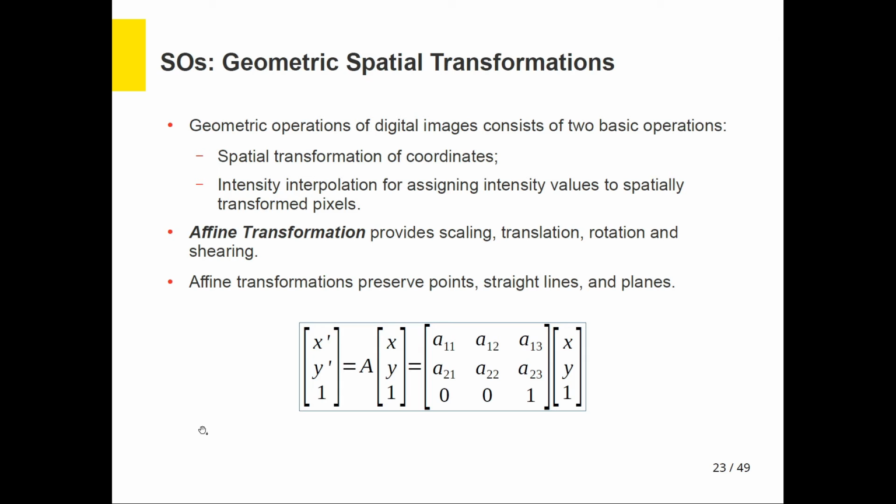The general formulation of affine transformation to create a new set of spatial coordinates is like this. We have x prime, y prime, which are the new coordinates. We have x and y, which are the current coordinates, and we have this transformation matrix A, which is defined in this form using 6 unknown parameters.